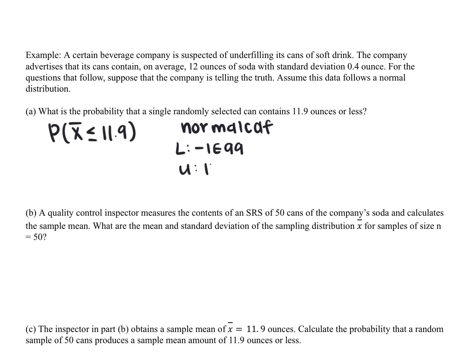Our upper bound is the 11.9. Our mean is 12, and our standard deviation is 0.4. And we get a probability of 0.4013. So that's a pretty large probability that a single randomly selected can contains 11.9 ounces or less. It's pretty high, almost 50%.